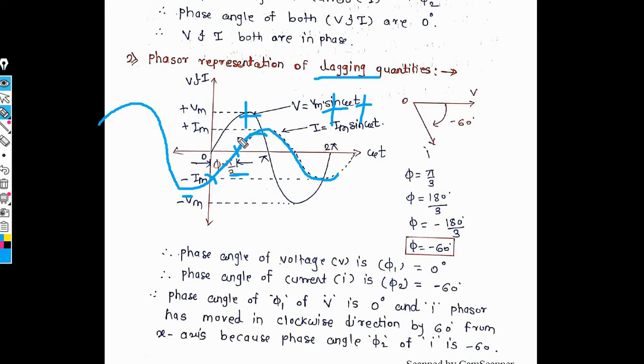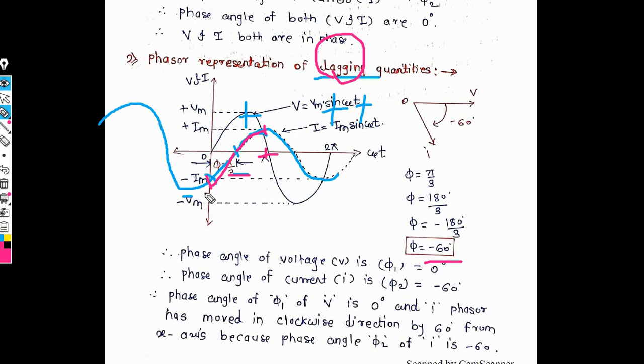That means each and every point depends on your direction. Initially this angle will be negative from this point to this point, and after this point the angle will be positive. Each angle shows its initial angle and final angle. Here we have considered minus 60 for the lagging quantity.